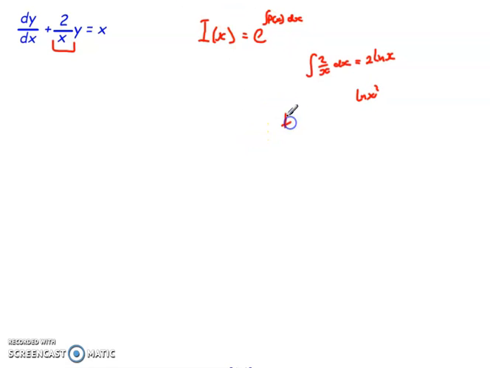So my integrating factor I of x becomes e to the ln of x squared, which simplifies down to just x squared.